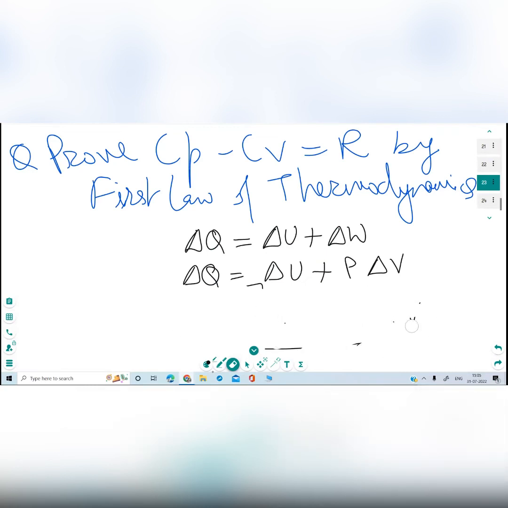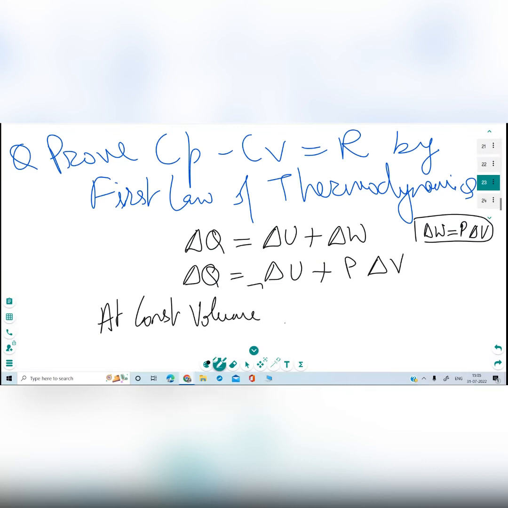So what I did, I wrote work as P into V. Work is P del V. That is what I have written here. Correct? Now, what I am saying is at constant volume, what will happen?